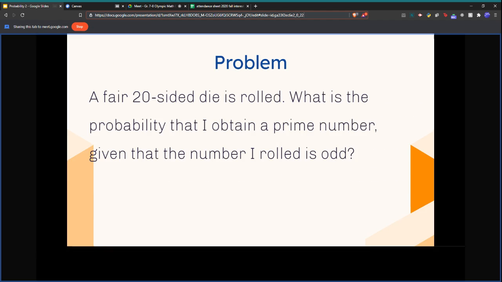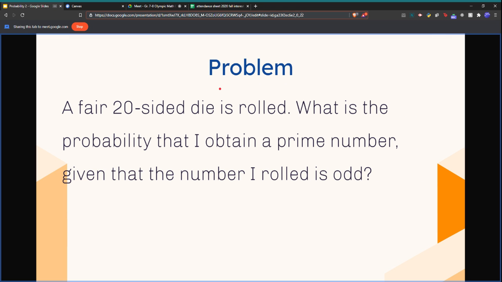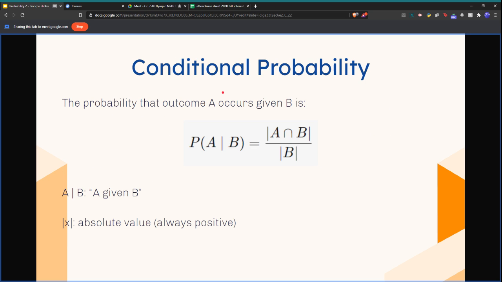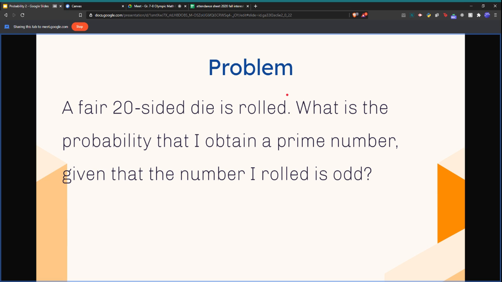That's 10 numbers, so our denominator is 10. Remember from our definition of conditional probability, in the denominator we have B instead of the total number of outcomes, whereas we're having the number of outcomes that satisfy B. So usually there would be fewer. Let's go back to the whiteboard.